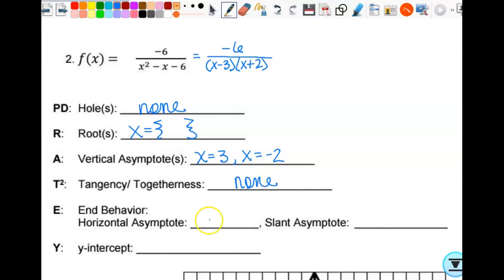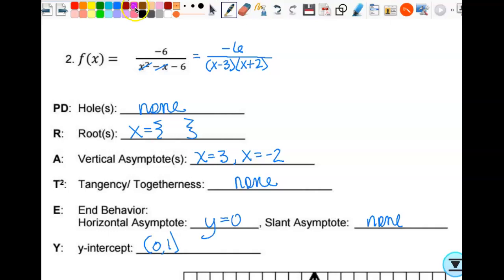Y equals 0. Yes. Y equals 0. It's bottom heavy, so it's Y equals 0. My y-intercept is easier to figure out from this form right here, because if all my x's just zero out, I get -6 over -6, which is 1.